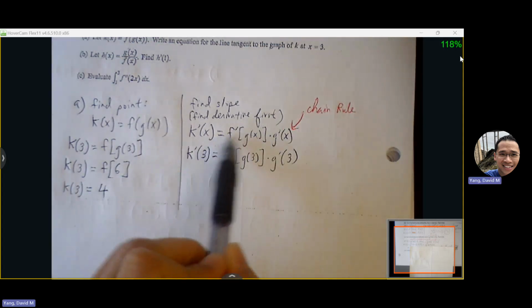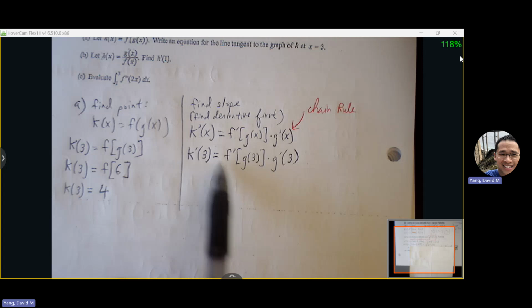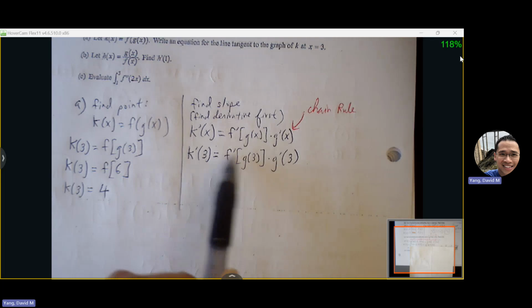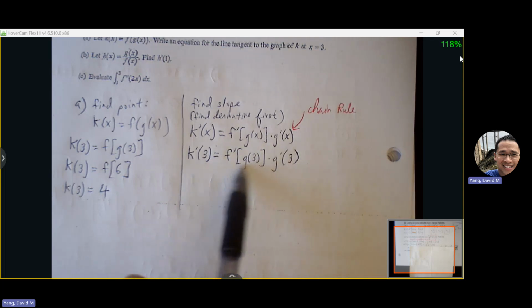Careful how you get your value. You've got to do this one thing at a time. You're not able to get this all in one step. So find g of 3 first, fill this in with a number, and then you can do f prime of whatever number you find there.